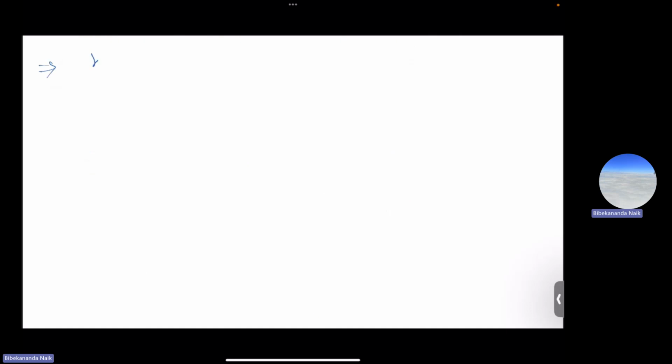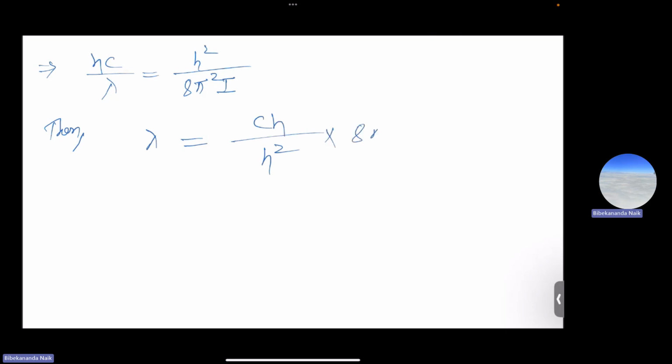Now this E is nothing but hc by lambda, which equals h square divided by 8 pi square I. Then lambda is c by... hc by h square into 8 pi square I. So lambda will be... I will be h lambda divided by... sorry, one minute.